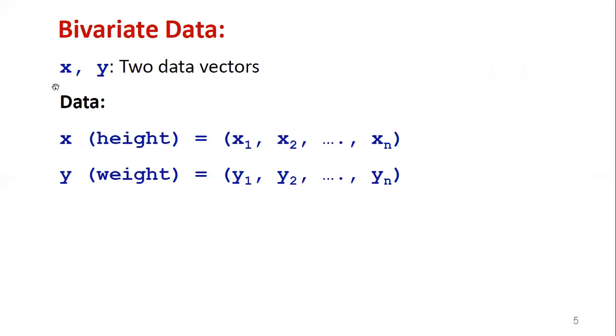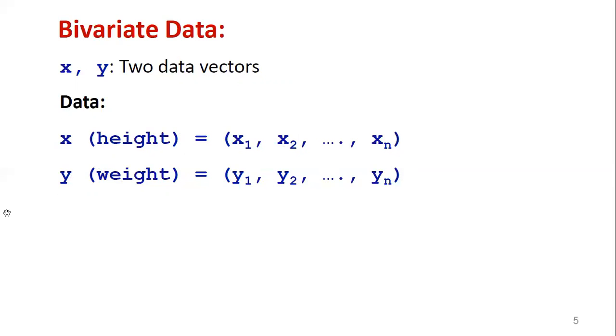So let us take two data vectors named x and y. The data can be taken as x equal to the data values x1 to xn, which is called height. Now the second data vector y, which is called weight, is denoted with y1, y2 and so on, yn.